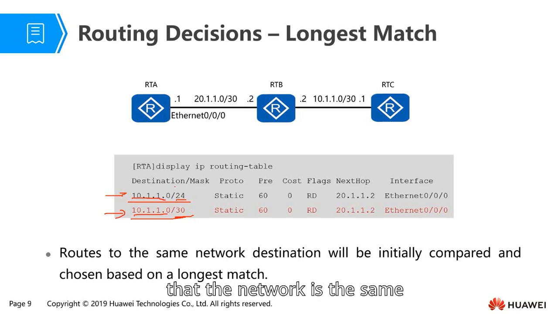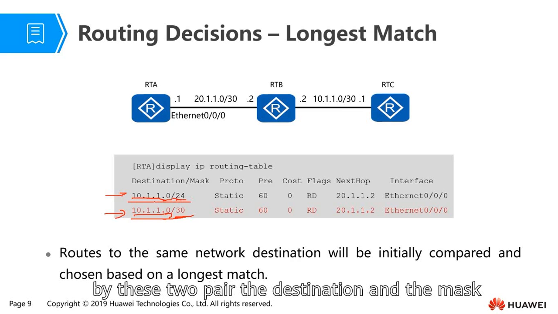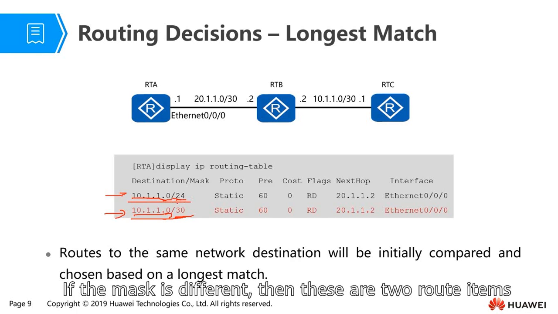Usually you may think that the network is the same, so it is the same route item. No, a route item is uniquely defined by this pair, destination and mask. If the mask is different, then these are two route items.